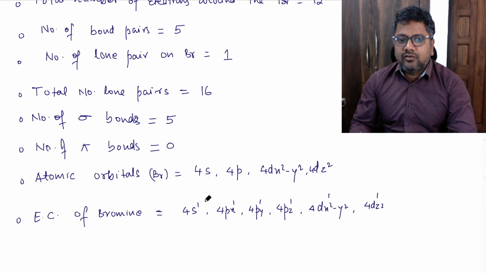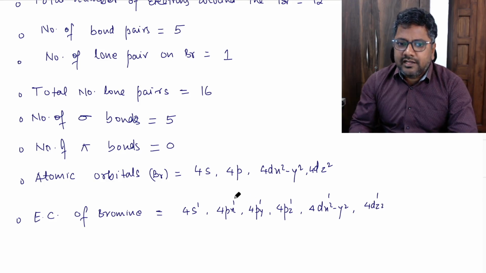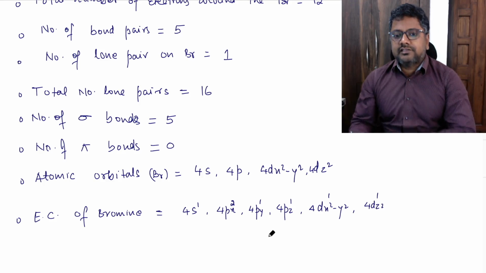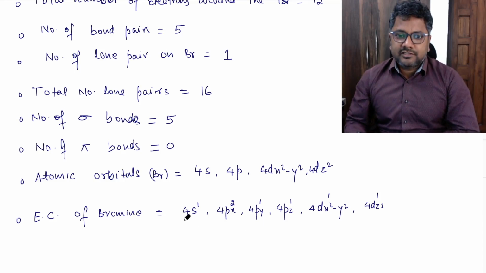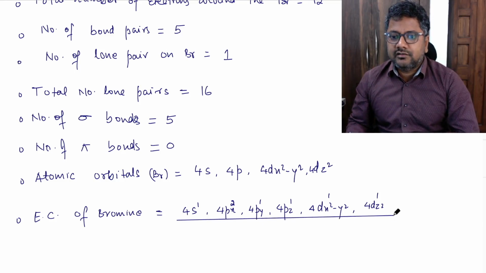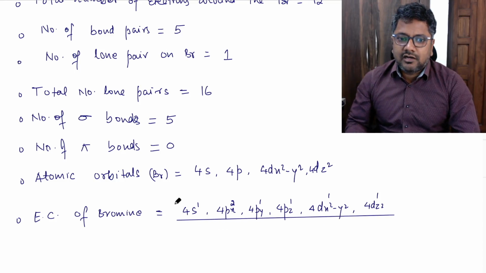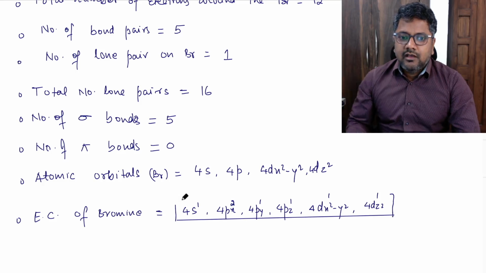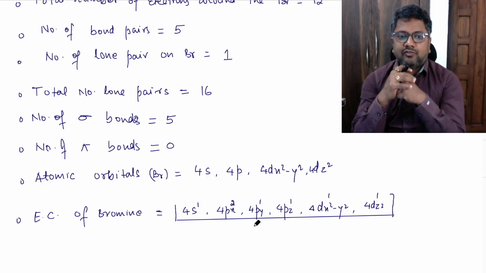So here one lone pair is there. In the p orbital, anywhere you can take 2 electrons as a lone pair. So this is the complete valence shell electronic configuration of bromine in this molecule.